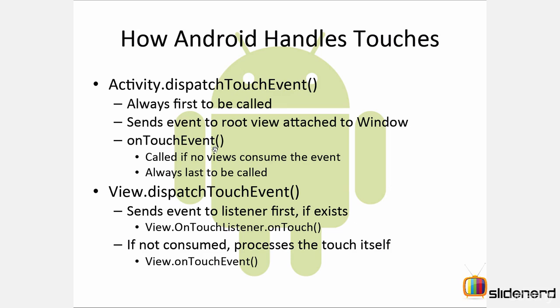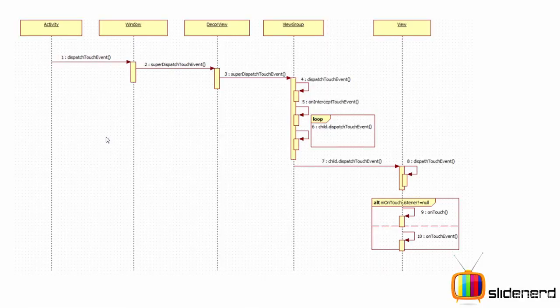Now let's take a look at this with the help of a nice diagram. When you touch the screen somewhere, the activity's dispatchTouchEvent is going to forward that to the window, to the decor view, to the view group. Now inside the view group, you have this method called onInterceptTouchEvent, where you can indicate if you're interested in kind of snooping on that touch event and doing something with it.